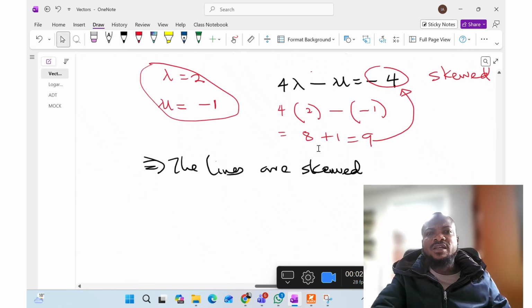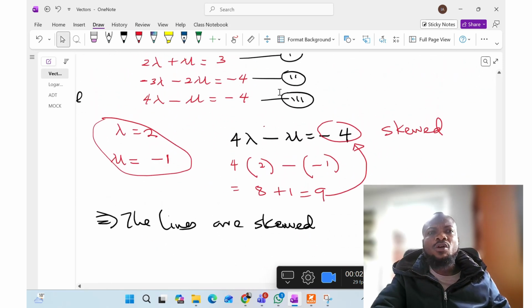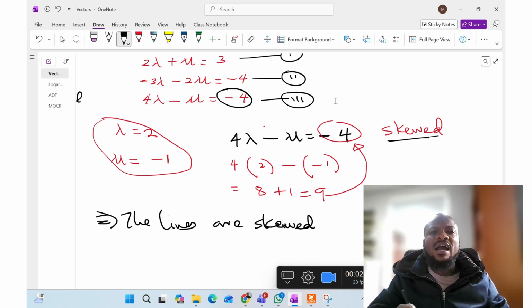Then after solving, we got the values of lambda and mu. We substituted them into the third equation. We did not get what we were supposed to get, which is minus 4, which tells us that the lines are skew. If we had gotten minus 4, that implies that the lines have a point of intersection. I hope this is well understood.